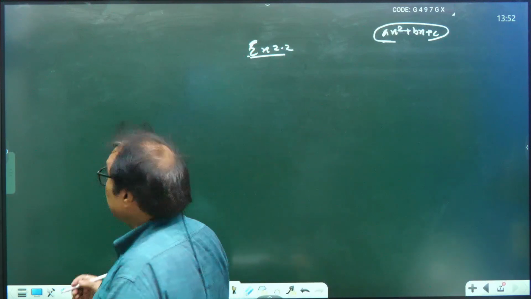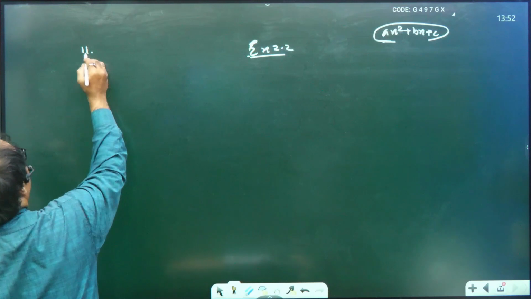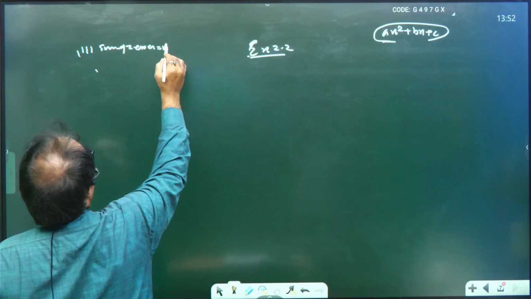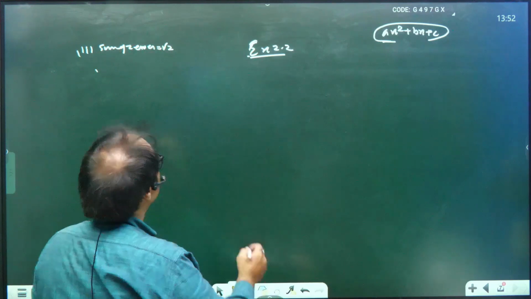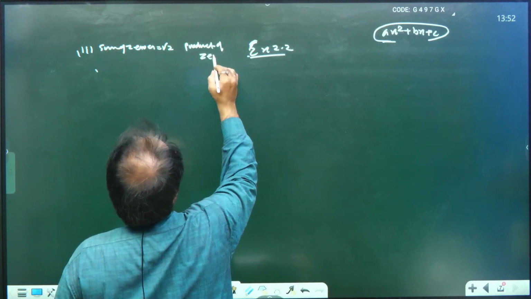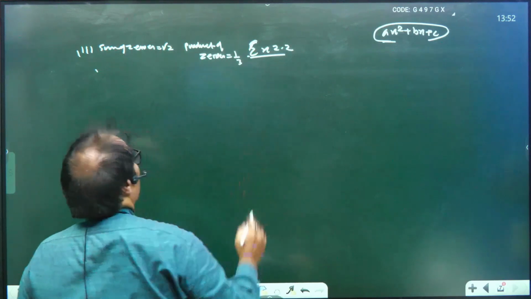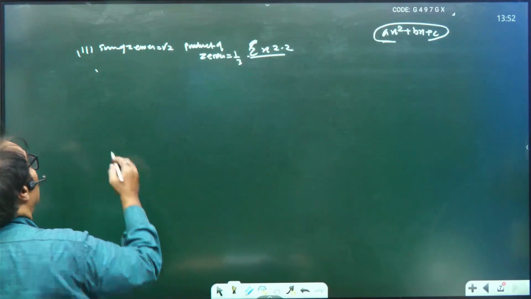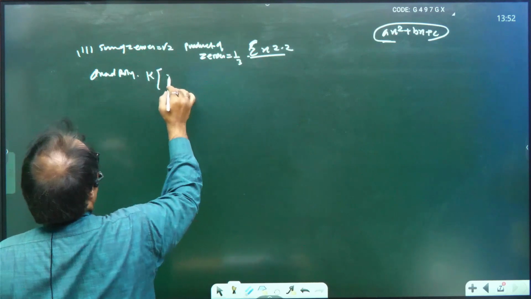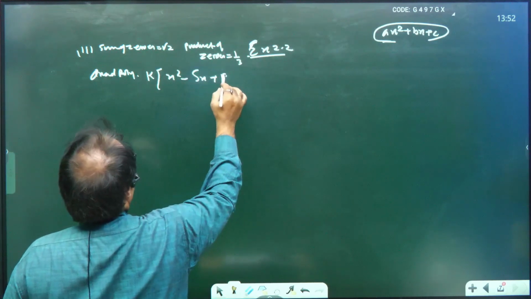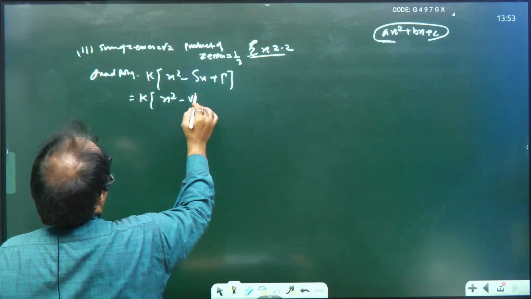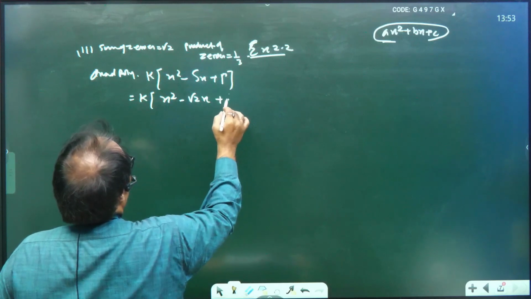So the second part is: the sum of zeros is equal to root 2, and the product of the zeros is 1 by 3. So the quadratic polynomial is k times x square minus Sx plus P. So this is k times x square, the sum is given root 2, so root 2 x, and the product is given 1 by 3.